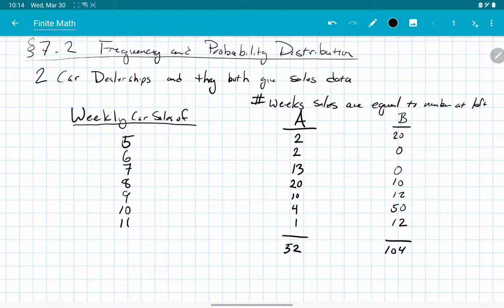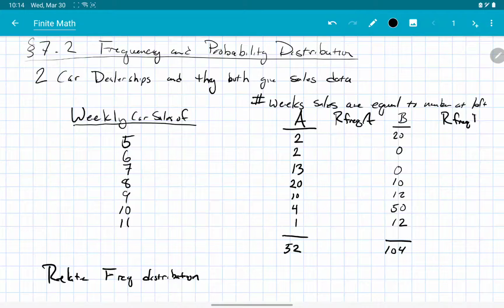And the way we will do this is called looking at the relative frequency distribution of each dealership. Okay, so I want the relative frequency for A and the relative frequency for B. So, on 2 of the 52 weeks, they sold 5 cars. So the relative frequency of the number of weeks they sold 5 cars is going to be 2 divided by 52.